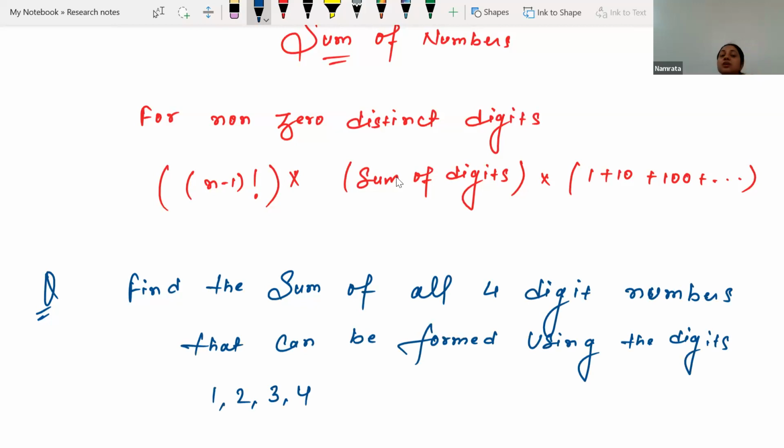Okay, so the question will be like this: find the sum of all 4 digit numbers that can be formed using these digits.